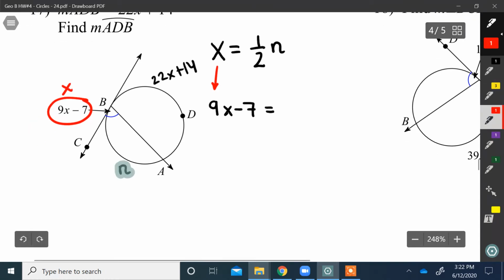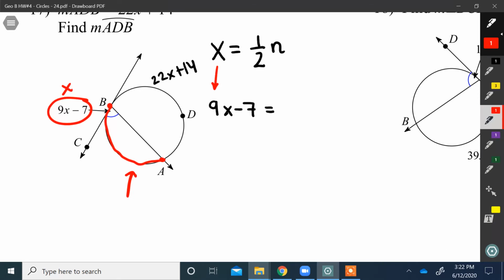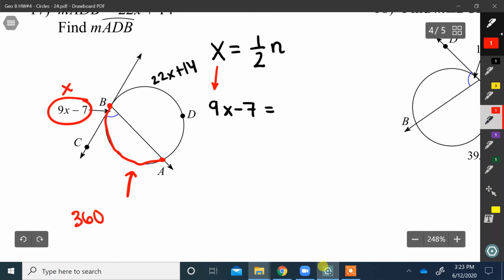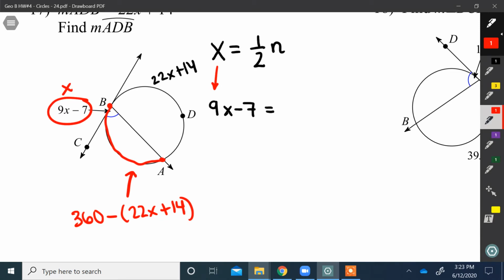So this right here, from there to there, that is what we need for the formula. But we don't know what that is. Okay, how are we gonna get that? Well, it's actually not too difficult. That portion right there, that red portion, is the following: 360 minus 22x plus 14. How did I come up with that? Well, you have to realize that 360 is a whole circle.